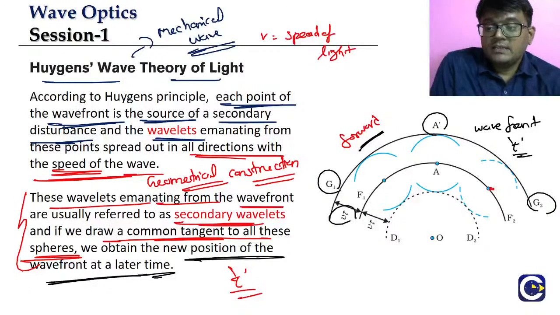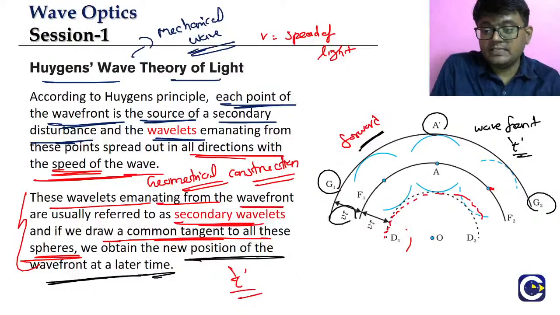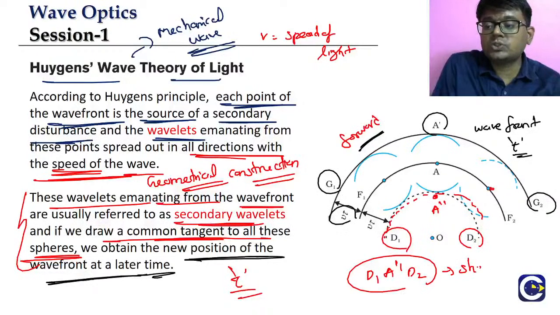Means theoretically we should have a wavefront created here also. There is a D1 point, we can call it A double dash, and D2. This D1, A double dash, D2 also should represent a wavefront.